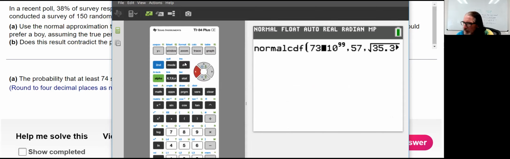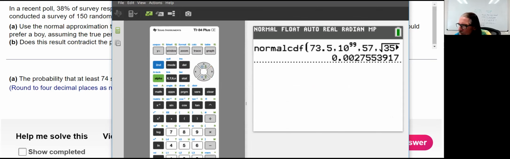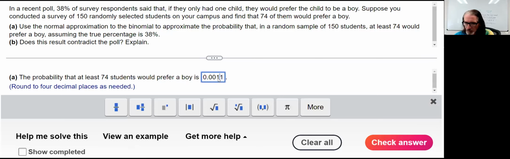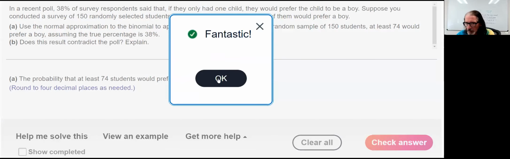Okay, let's try it again. Okay, that's going to round up to 0.0028. See if I'm doing any better or if I'm missing anything else. There we go.